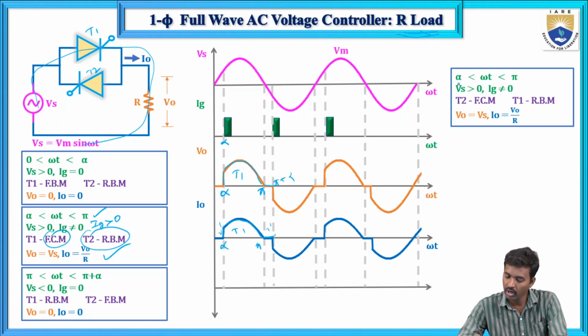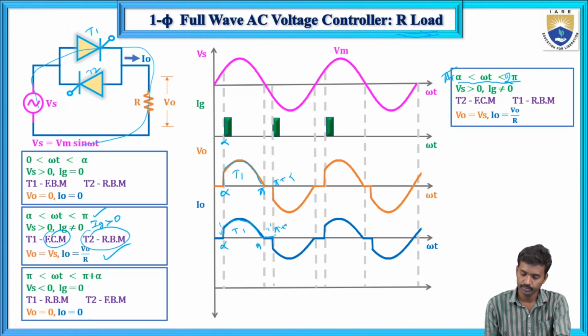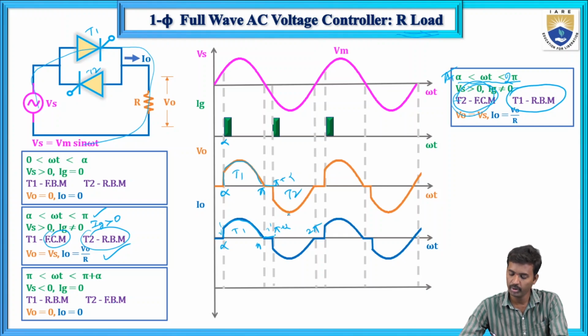And next, from pi plus alpha to 2 pi, T2 will trigger. T2 will be in forward conducting mode and T1 will be in reverse bias. So T2 is on, T1 will be off.